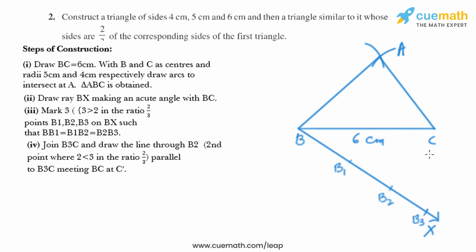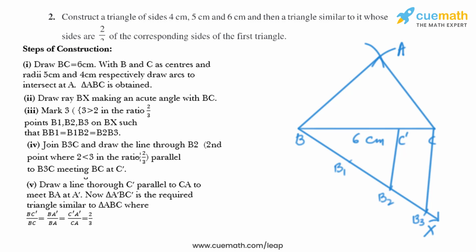Now in the next step we need to join B3C. So we need to draw a line like this. And from B2 we need to draw a line parallel to the line of B3C that intersects BC at C'. So we'll draw a line like this and we'll mark the point of intersection as C'. Now in the next step we need to draw a line from C' that is parallel to AC and we'll mark the point of intersection as A'.